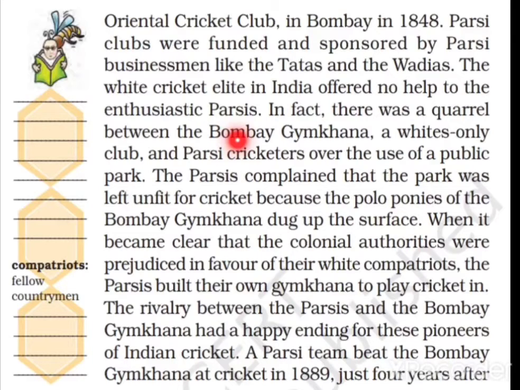Just four years after the foundation of the Indian National Congress in 1885, an organization that was lucky to have among its early leaders the great Parsi statesman and intellectual Dadabhai Naoroji. They got the support of this leader of the Indian National Congress.